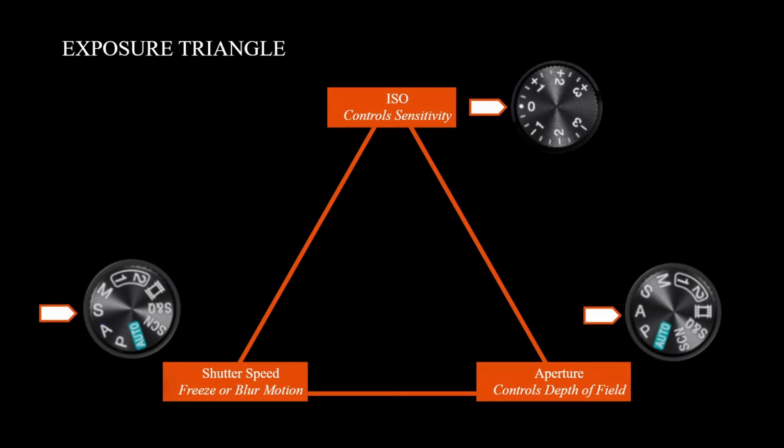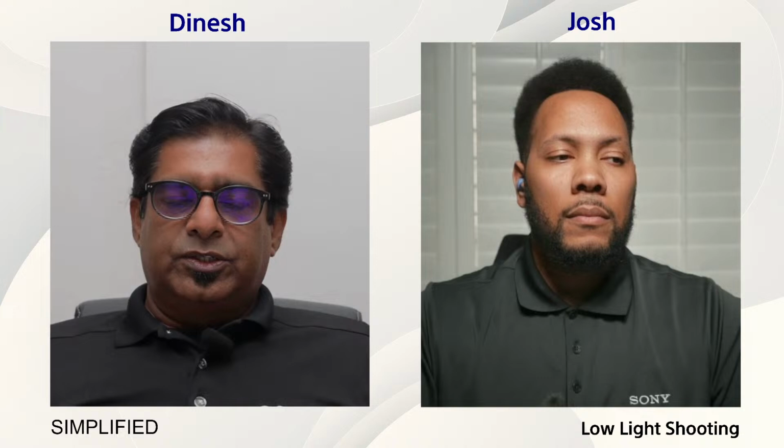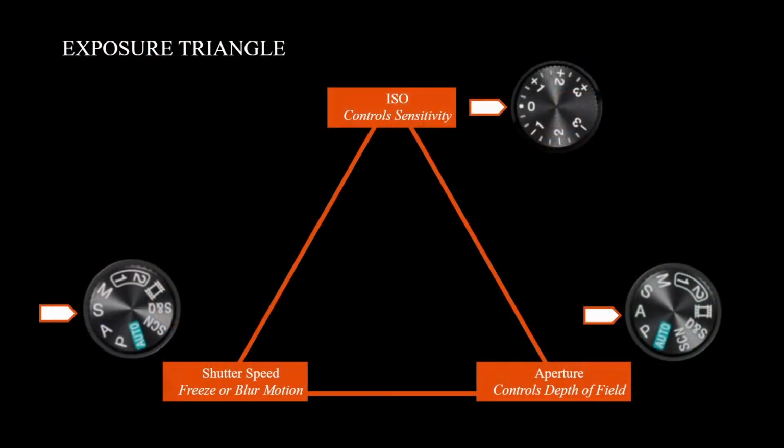Before we get started, a very important thing: when you're shooting using an Alpha camera and you're trying to make these adjustments, make sure your camera is not on auto mode. Either put it on manual or program mode, which will then allow you to make these adjustments.